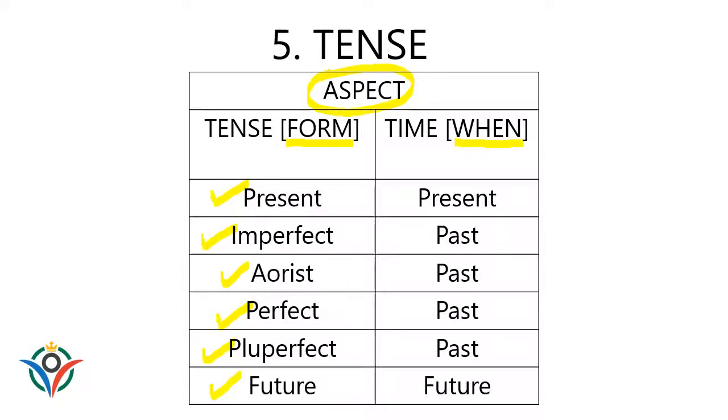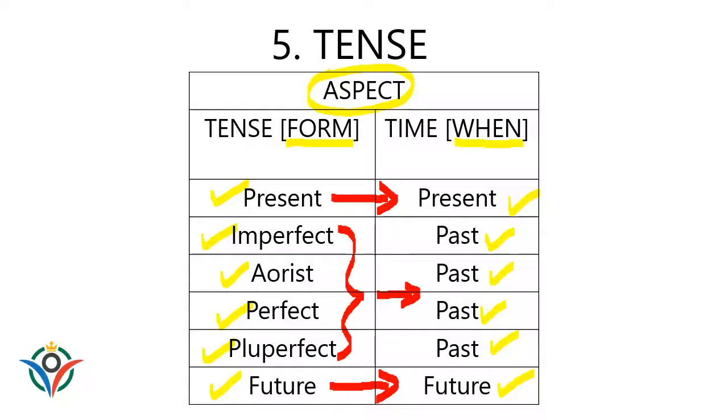And then time is similar to the English. We have present, past, and future. So the tense forms may be related to time. So the present tense form is sometimes related to present time, the future tense form to future time, and the imperfect, aorist, perfect, and pluperfect tense forms are related to past time.